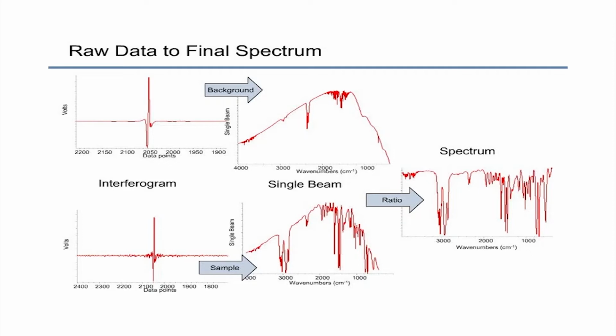Whenever you do an FTIR analysis, the first thing you need to do is take a background. A background is nothing but the measurement of the inherent property of the instrument. At this point, you will record a spectrum without keeping your sample. That will tell you the maximum number of photons at each wavelength the instrument can expect.